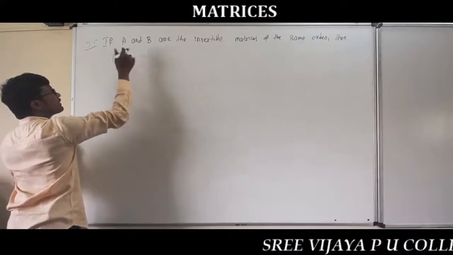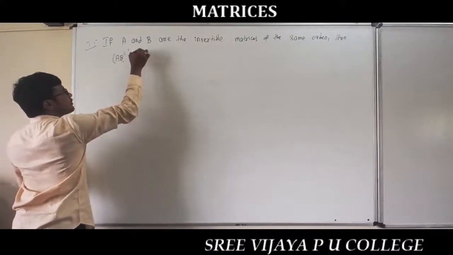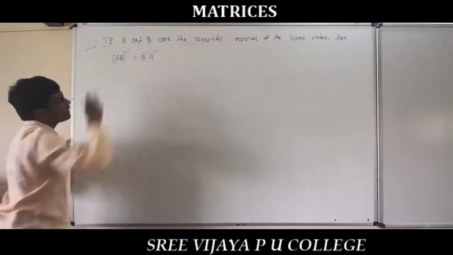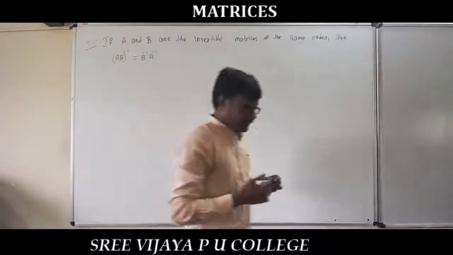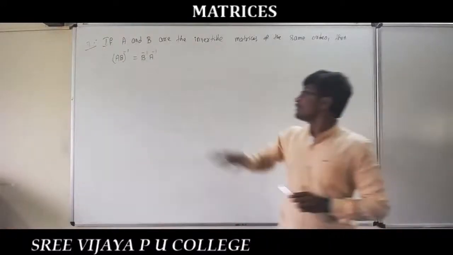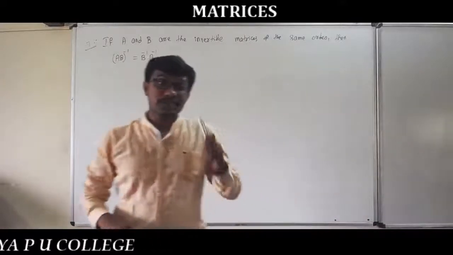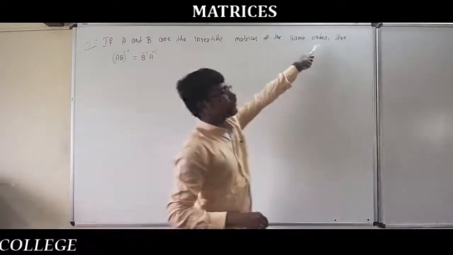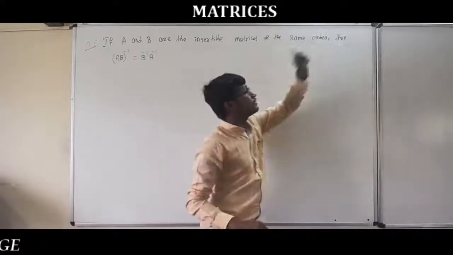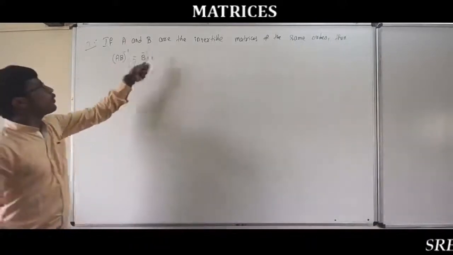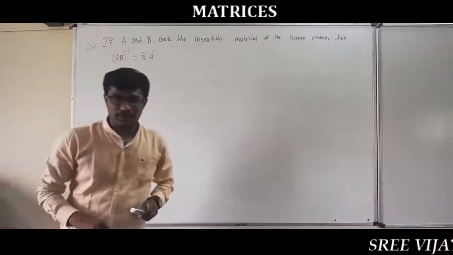AB whole inverse equals B inverse into A inverse. So if A and B are invertible matrices, meaning the inverse will exist, and both are of the same order, then we can prove AB whole inverse equals B inverse into A inverse.